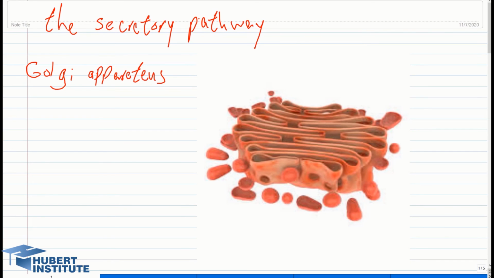Each section of these sacs has specific names and specific functions. We have a cis face, which is directed toward the endoplasmic reticulum, and vesicles carrying protein cargo from the endoplasmic reticulum enter the Golgi apparatus from the cis face.